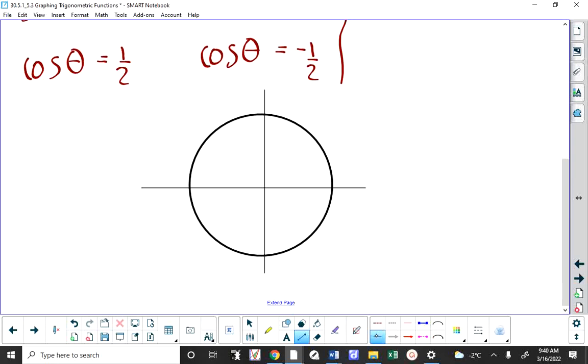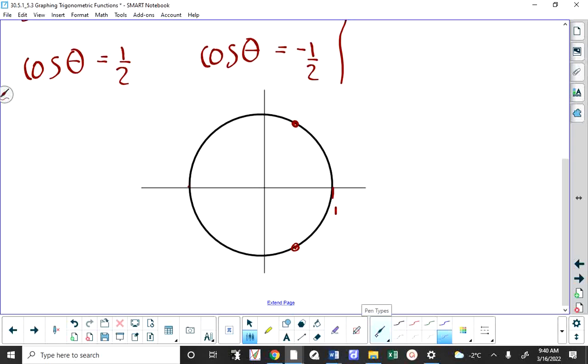When I look at x equals a half, remember this is 1, so x equals a half is halfway there. We're talking about this position and this position. These are both places where x is a half. So those are the 2 locations that identify solutions to the first equation on the left.